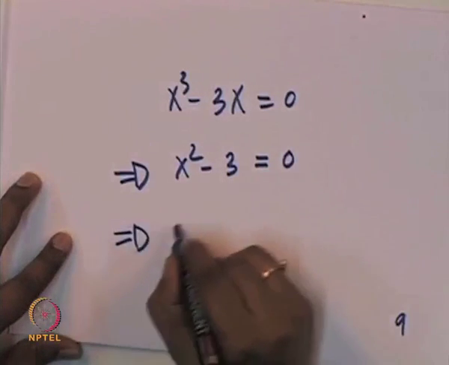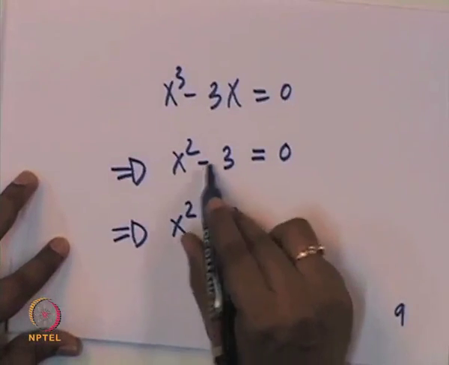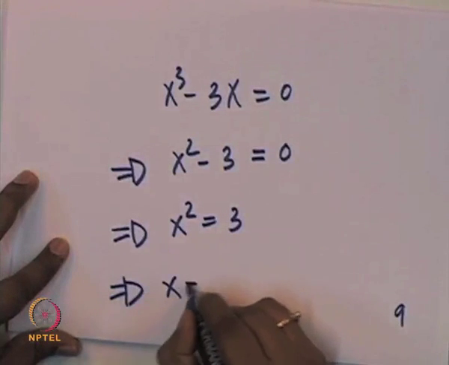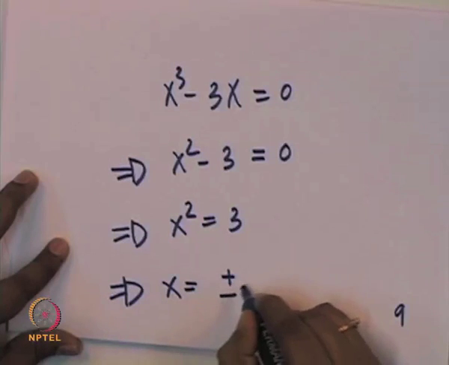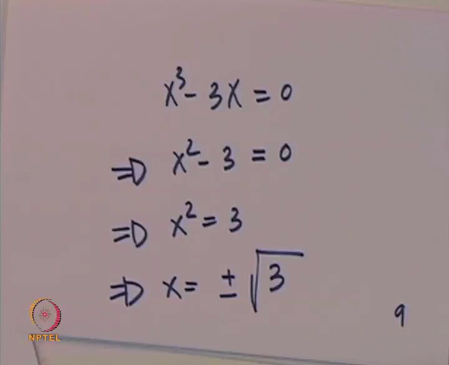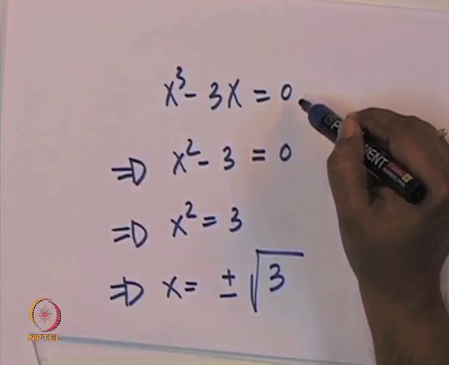This implies that x square is equal to 3, because I can take the 3 to this side. This implies that x is plus or minus square root of 3. So when x is plus or minus square root of 3, the function is 0.